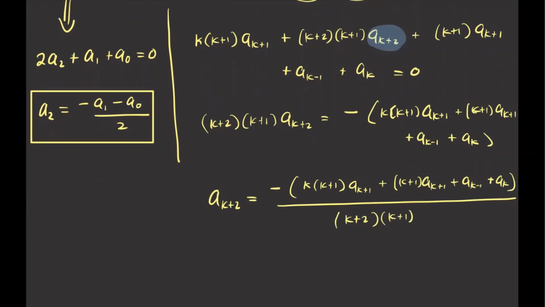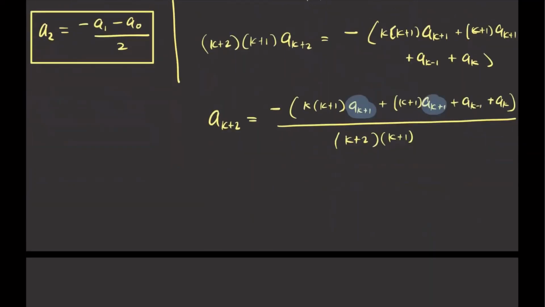Now, since I see the same subscripts appear twice, I can combine their coefficients and simplify the recursion formula. So distribute the negative as well. So you have negative k squared minus k minus 1. These are the coefficients that you see right here, this one and this one, distributing the negative.